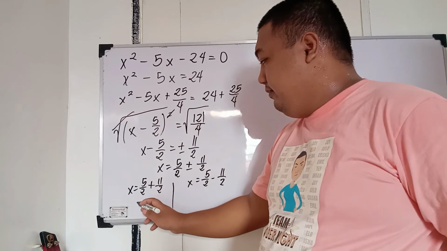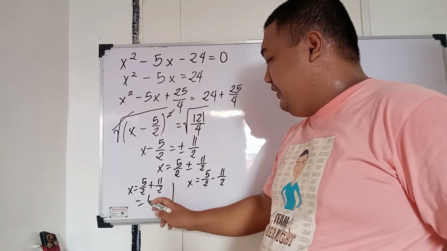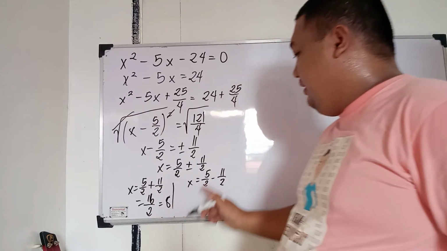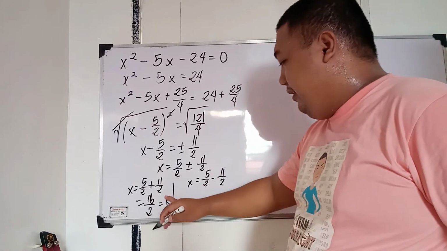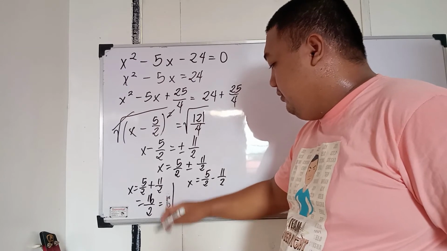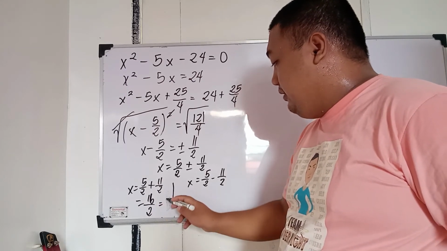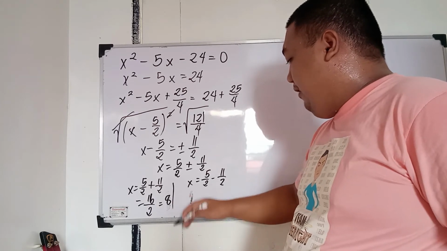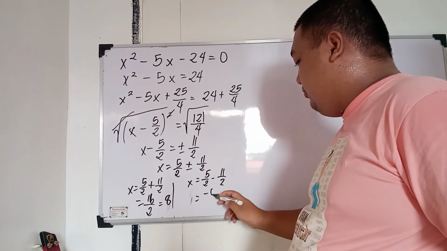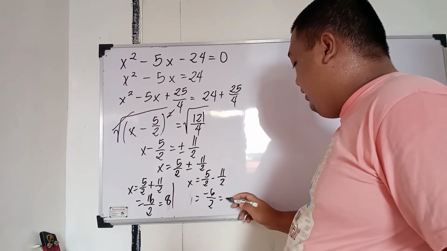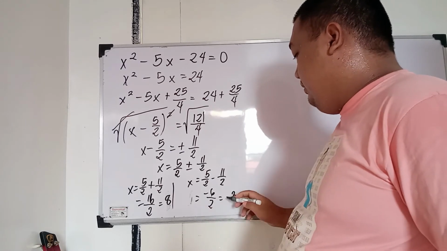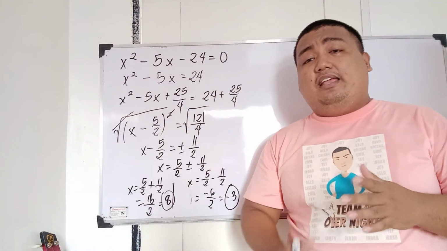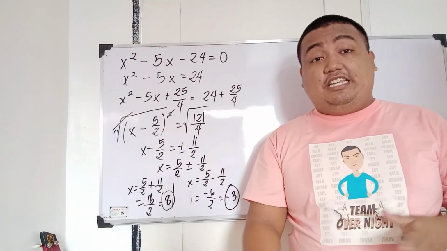Add natin. So, that is equivalent to 16 over 2 or equivalent siya sa 8. Then, x equals 5 minus 11, that is negative 6 over 2, negative 3. Ayan. Kaya siya ayaw ng maraming student kasi minsan, ang nagiging labas niyan ay fraction.